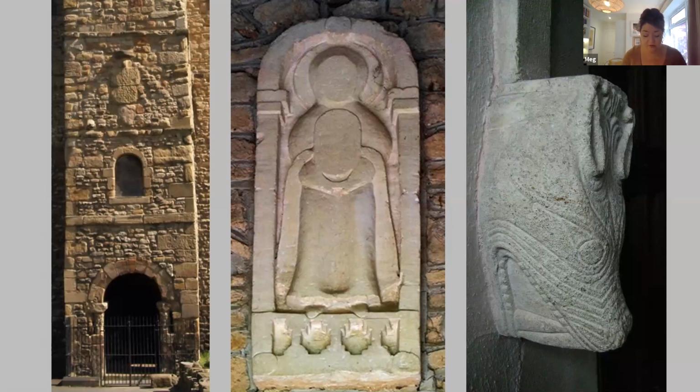We might also consider the reused spoliated sculpture and dedicatory plaque placed onto the facade of the church at Kirkdale that I'm going to go on to talk about, and things like the elaborate facade of Bradford-on-Avon and the spoliated chancel arch at Escombe as well. All of those might play into this sort of set of objects and spaces that I'm thinking about here.